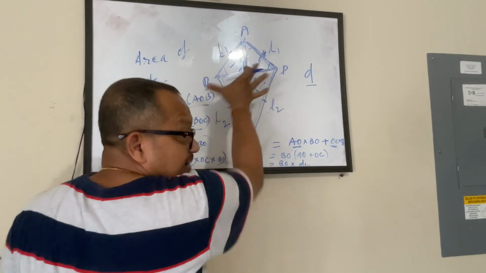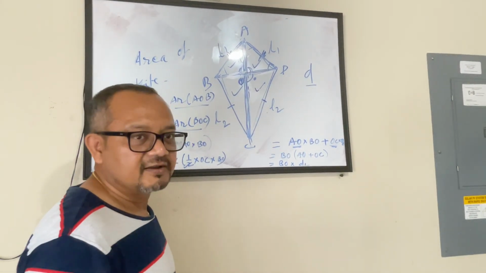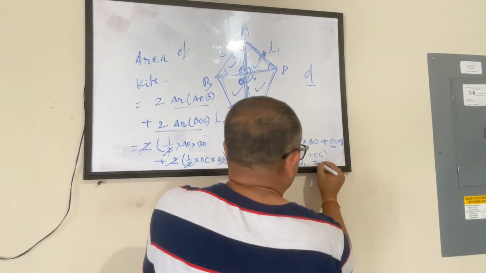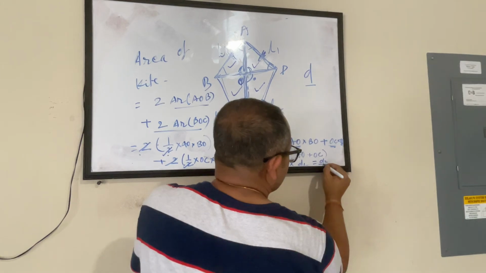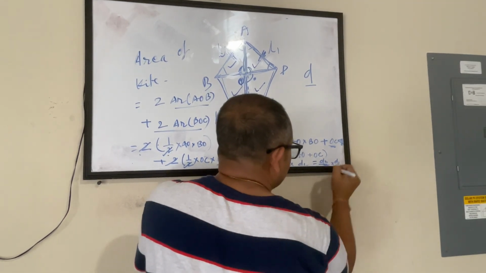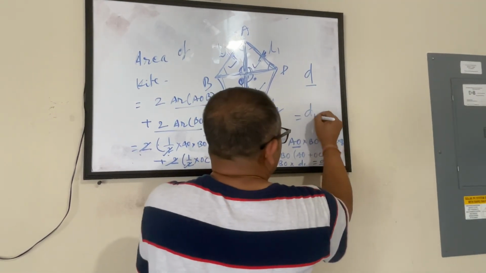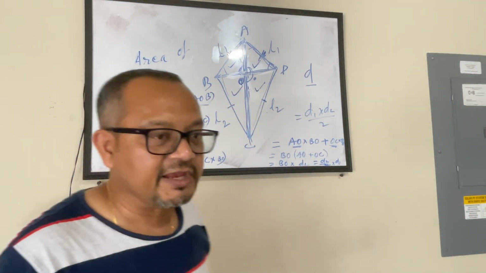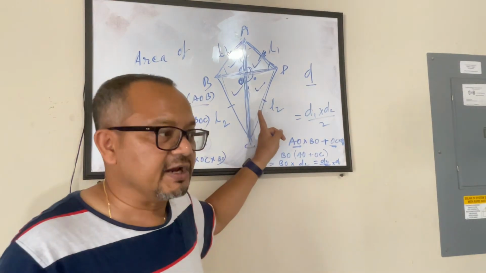This is half of the second diagonal. So, I am saying BO as my second diagonal divided by 2 into my first diagonal. So this also turned out to be D1 into D2 divided by 2. So what Myra was saying turned out to be right.